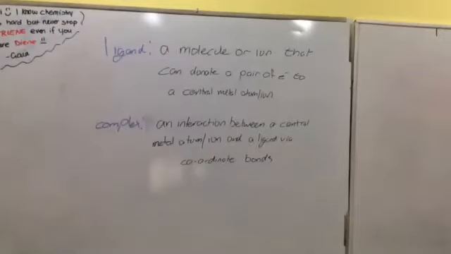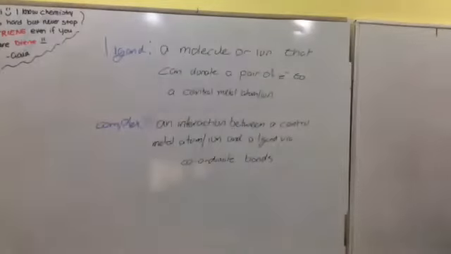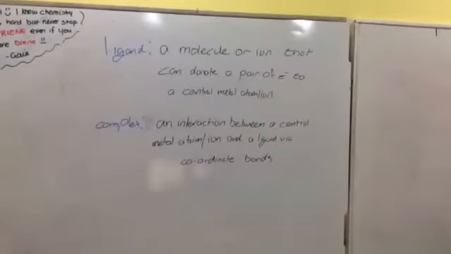No, you need to give 2 electrons, because remember, we are doing a coordinate or a dative bond. So to prepare a coordinate or a dative bond, you need to give how many electrons? 2. Okay? So otherwise, you're not making a coordinate bond, so you can only give 2 electrons.